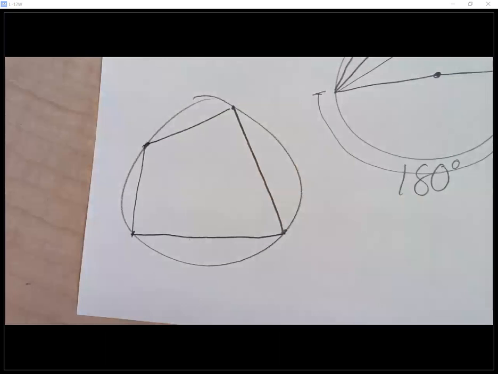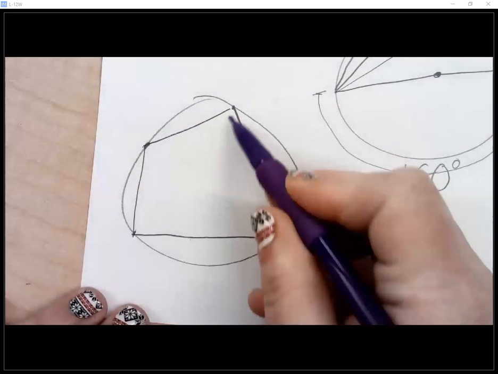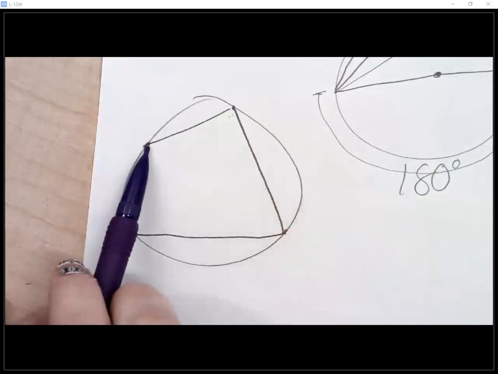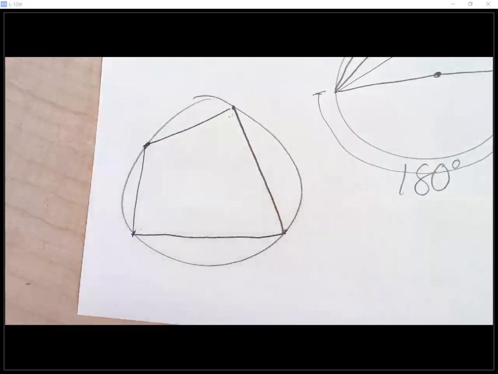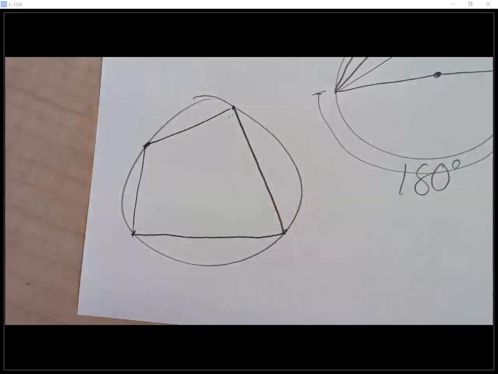So the claim is that this is only possible if these angles add up to be 180, as well as these add to be 180. Can you see why? Why would that have to be true? Let me throw some letters on here.